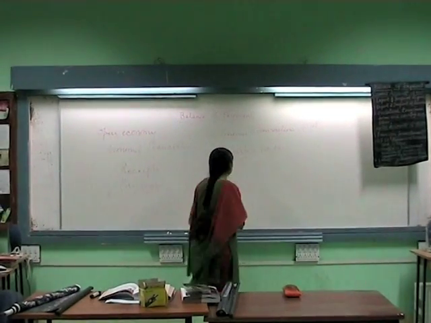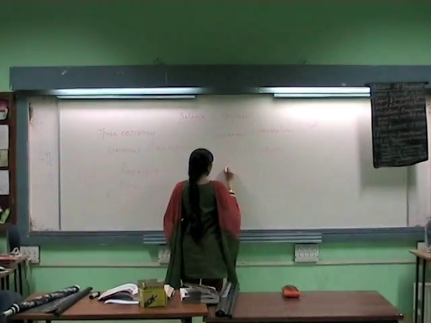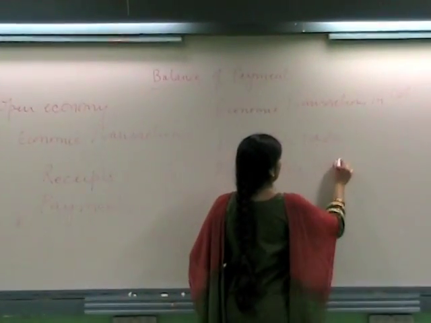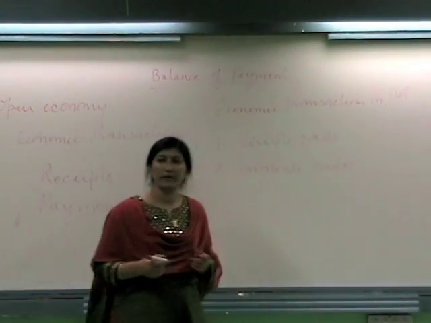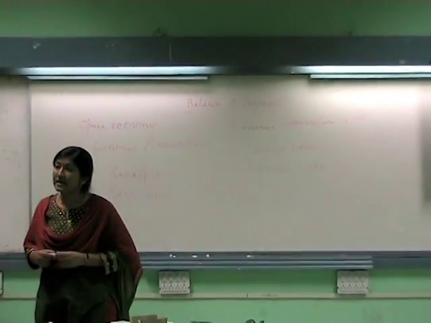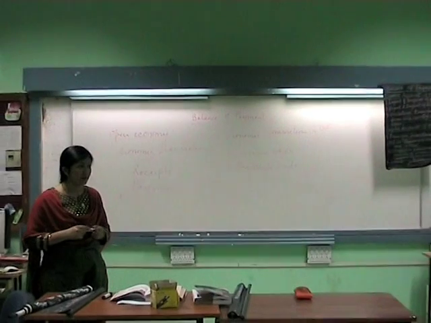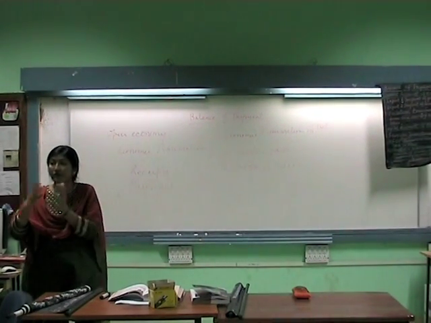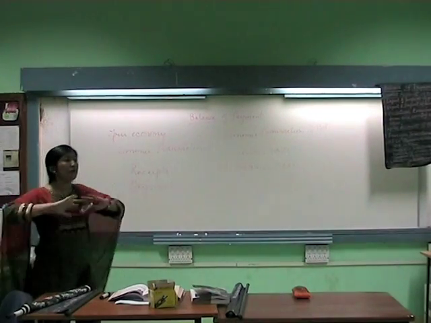Okay? Second is your invisible trade. Invisible means export and import of services. Services cannot be seen. Services are not material goods that can be carried from one place to another, but you can only feel them.